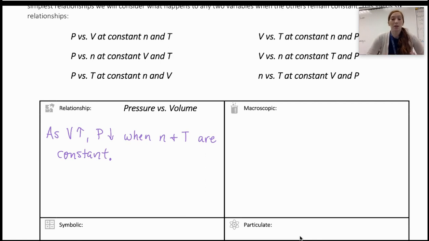Macroscopic examples, I'm going to kind of let this be up to you, and I'll give some suggestions, but these could be things from the lab that we saw with the stations lab in the videos. This could be some examples that you know in real life. But as far as the lab is concerned, the marshmallow in the syringe is a good example of this.